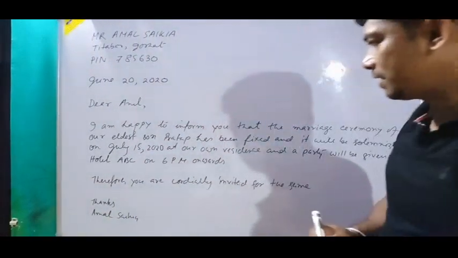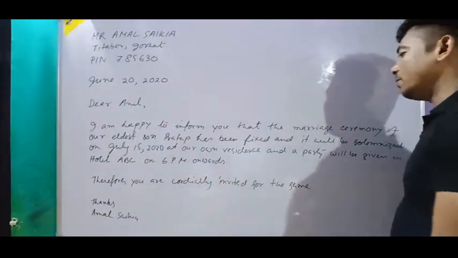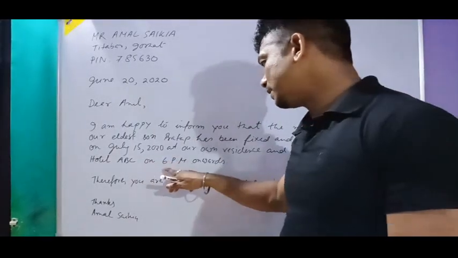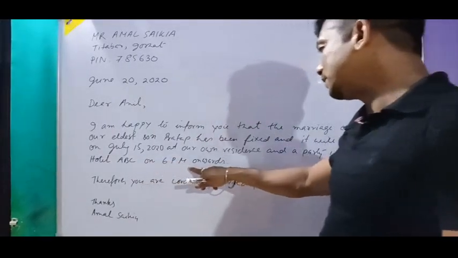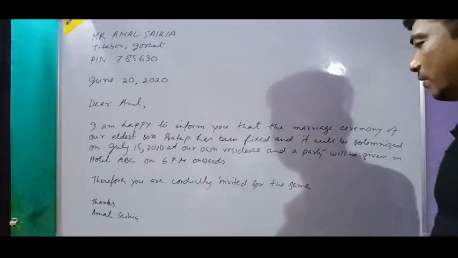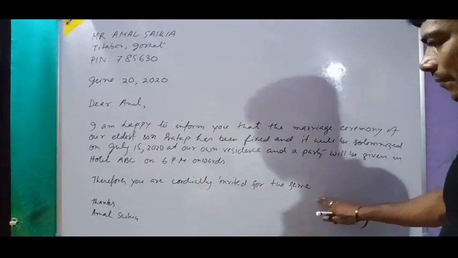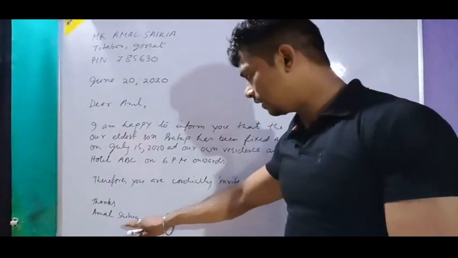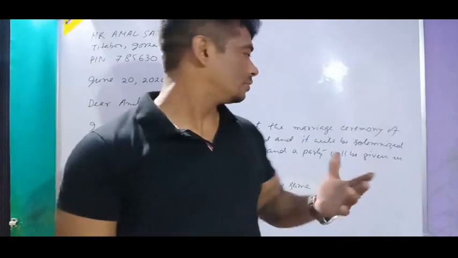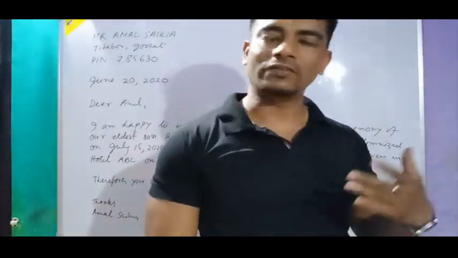Sorry for the mistake. At our own residence, and the party will be given in Hotel ABC at 6 p.m. onwards. Okay. Therefore, you are cordially invited for the same. Thanks, Amal Saikia. Okay, so this is the invitation writing, informal one.